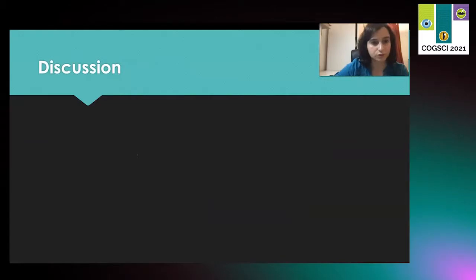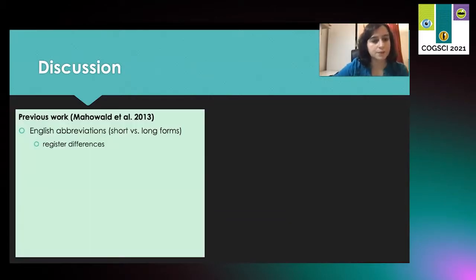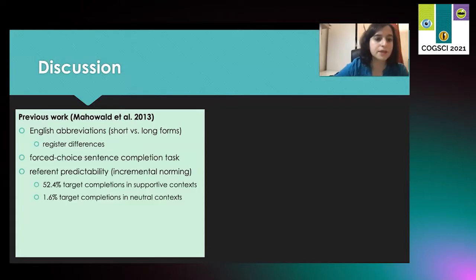So now I would like to compare our study with a study by Mahowald and colleagues. They looked at English abbreviations, short and long forms, arguably with some register differences, and they had a forced choice sentence completion task. In the incremental norming study, there was a difference in terms of referent predictability: 52.4% of target completions in supportive context were elicited, and only 1.6% in the neutral context.